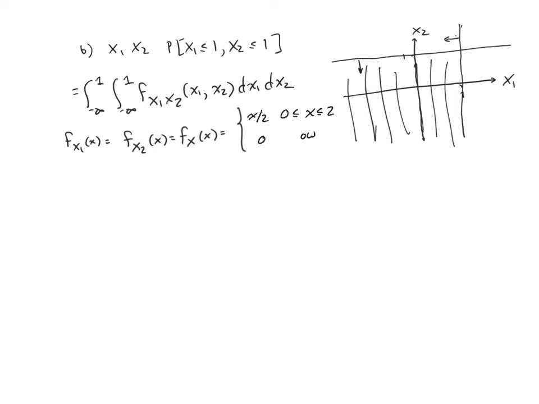And now we have to use the fact that x1 and x2 are independent. So independence tells us that the joint PDF of x1 and x2 is equal to the product of the PDFs.